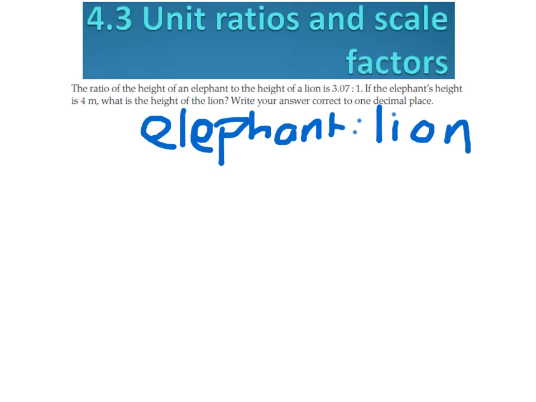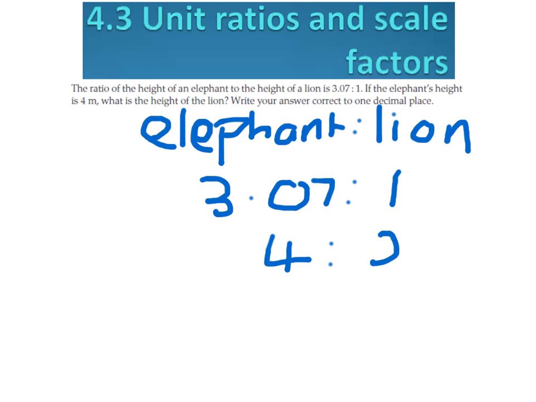It says the height of an elephant to a lion is 3.07 to 1. Okay, and in this situation it's telling us if the height of the elephant is 4 meters, so again I'm going to put this under the side that tells us about the elephant. What is the height of the lion? So in this instance we don't know what it is just yet.